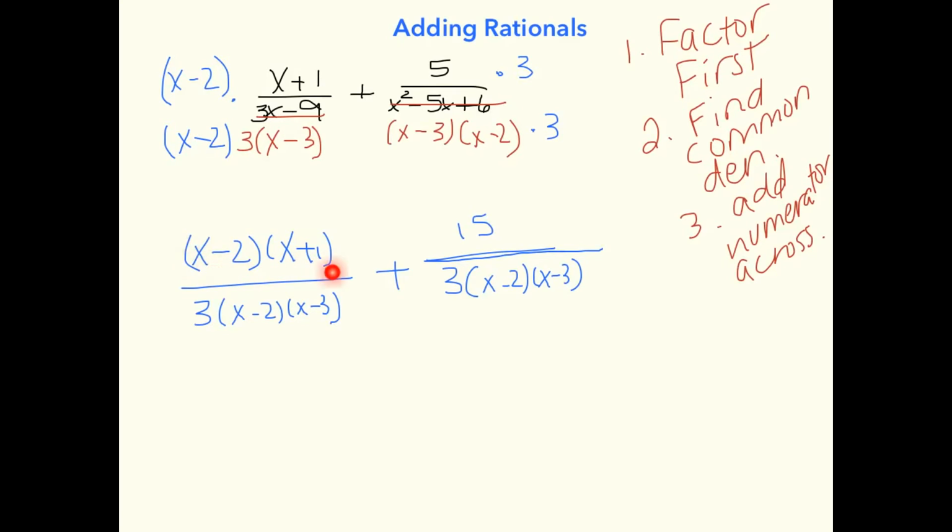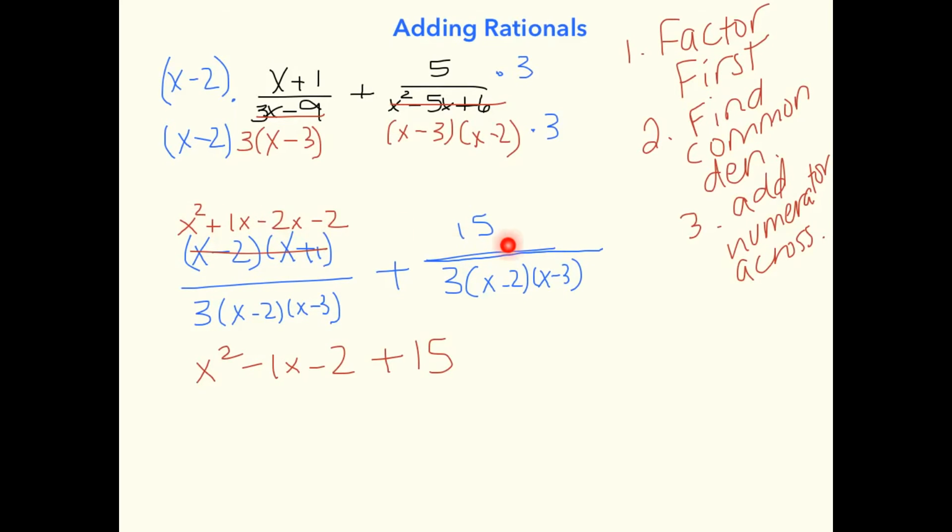So now we actually do need to FOIL this. That becomes x squared minus 1x, plus 1x minus 2x minus 2. Now when we add them across, we have x squared, and my plus 1x and my minus 2x become minus 1x, minus 2 plus 15.